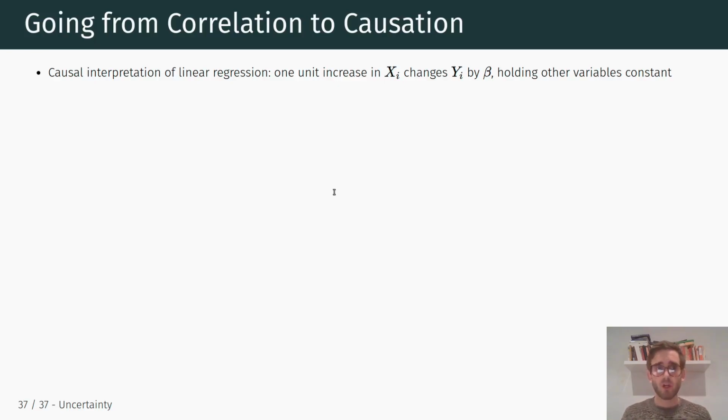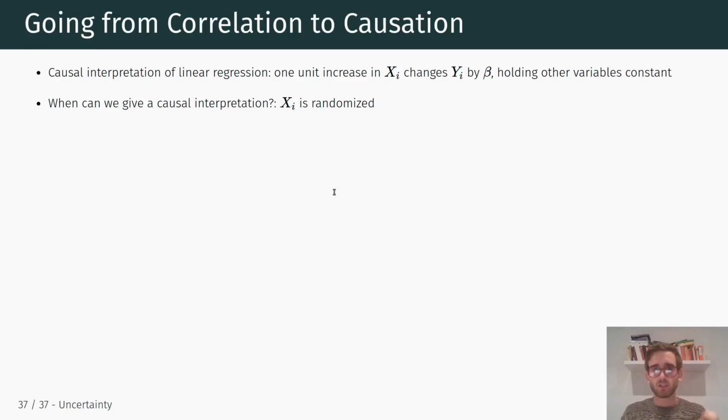potential outcomes framework. The causal interpretation in the linear regression framework means that a 1 unit increase in some xi actually causes a change in yi by beta, holding the other variables constant, right? And we can only make this causal interpretation, that the change in xi actually caused a change in y, if xi is randomized.